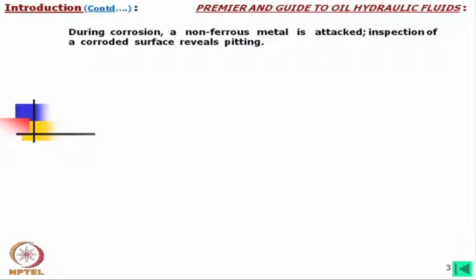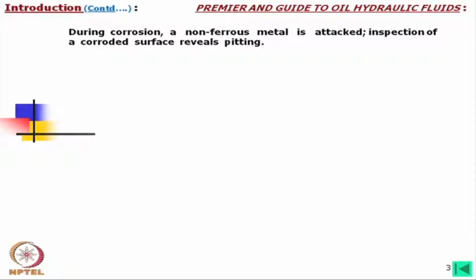Inspection of a corroded surface also reveals pitting. Pitting is a separate phenomenon that is usually the removal of material due to contact stress and distress, that is, fatigue. But in this case also, due to corrosion, what we observe on the surface is pitting.